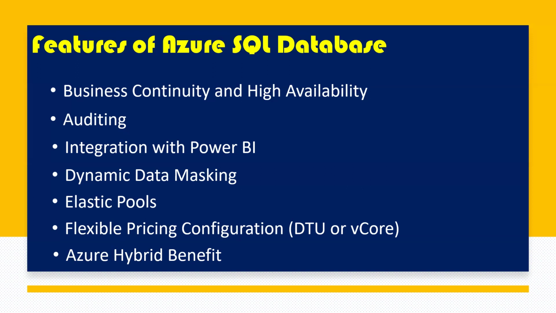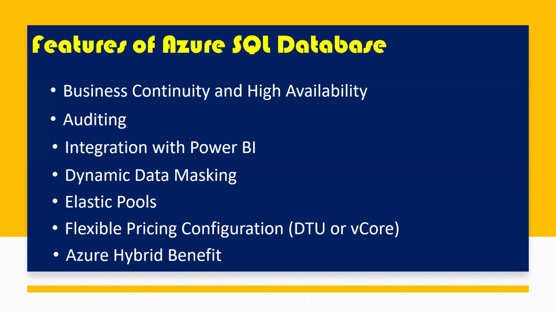Dynamic data masking is used to hide personal and sensitive information, for example account number, credit card number, passport number, SSN. We can use dynamic data masking to hide that sensitive information.